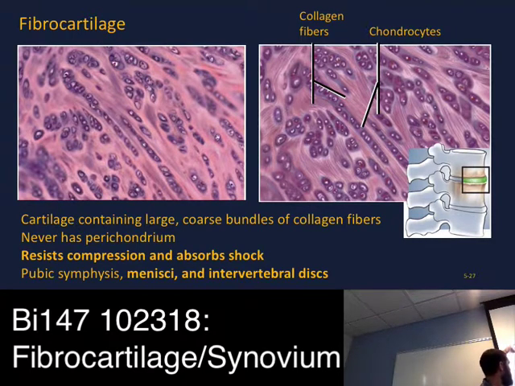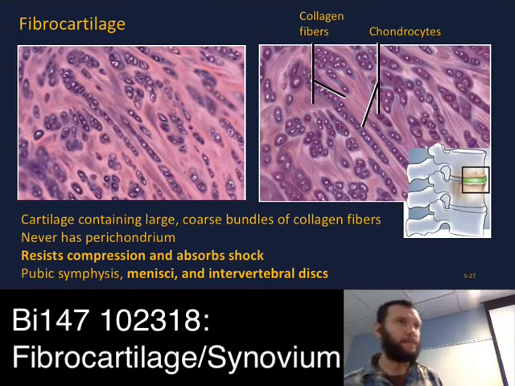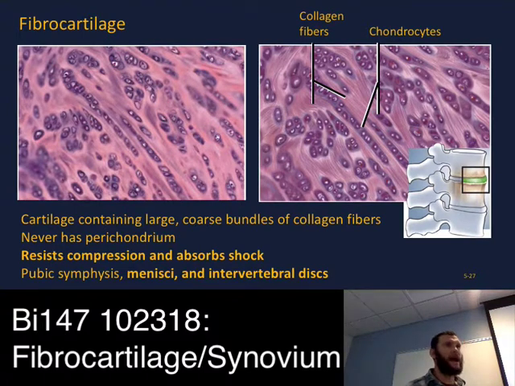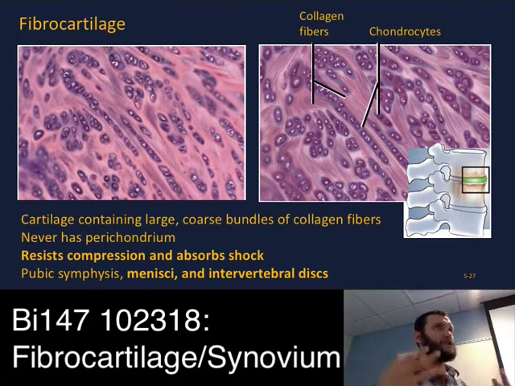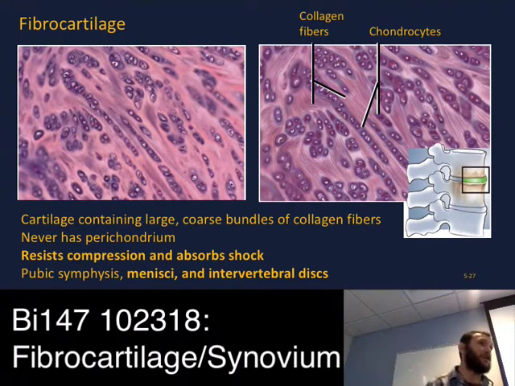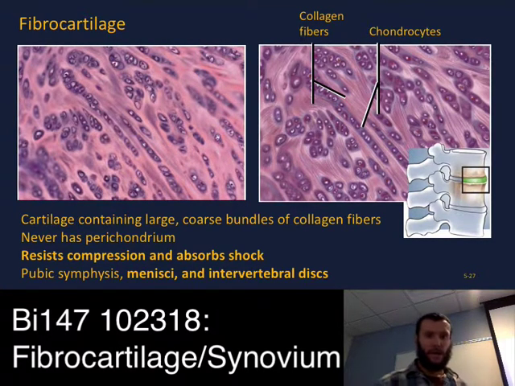The tissue in this image is running from this direction to that along the slice that they've taken. Those fibers that you see are thick bundles of collagen. And because of that, fibrocartilage tends to have high tensile strength along that directionality of the fiber placement.